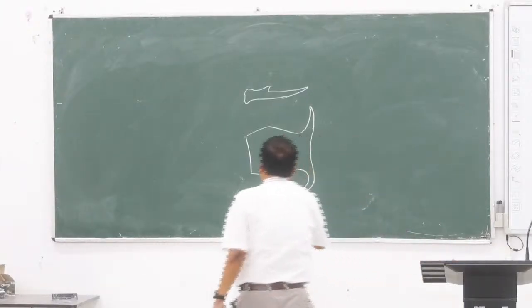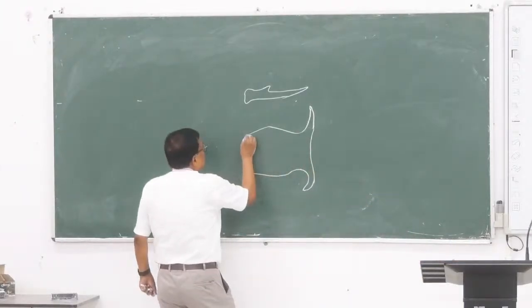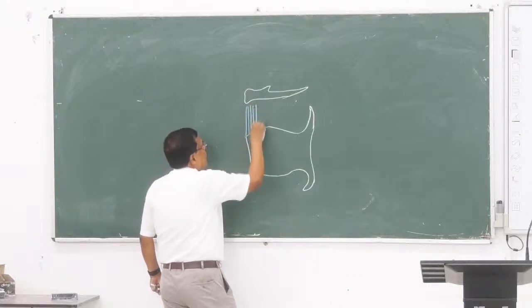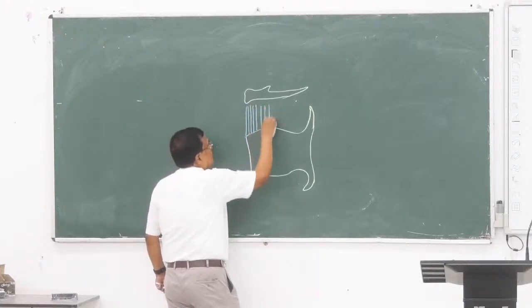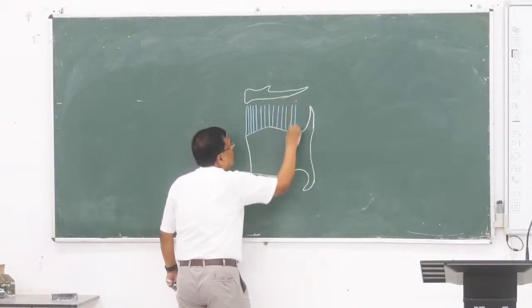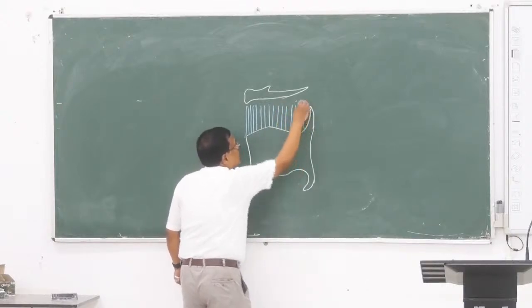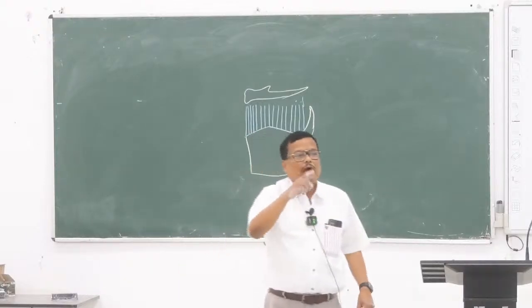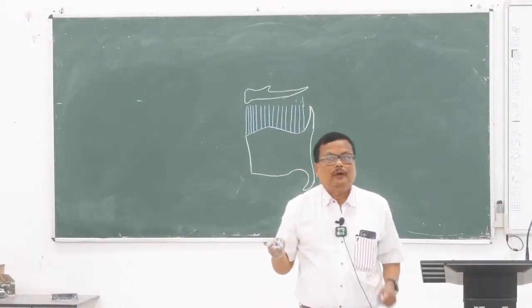To the upper border of the thyroid cartilage, a membrane is attached to the hyoid bone. I taught you in yesterday's batch, tell me, to the lower border or the upper border of the hyoid bone? Upper border.